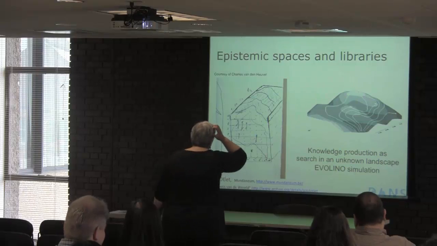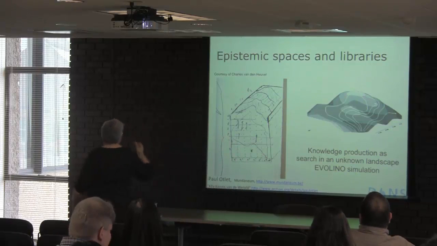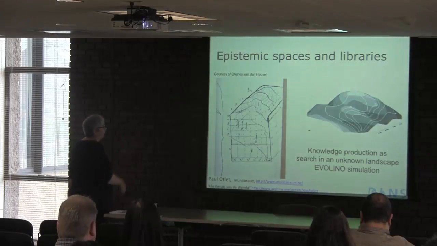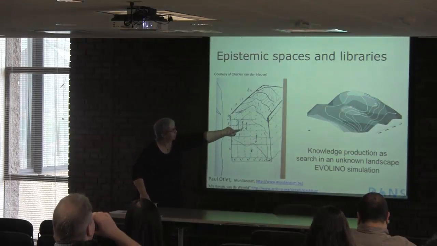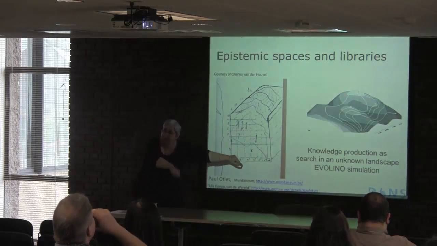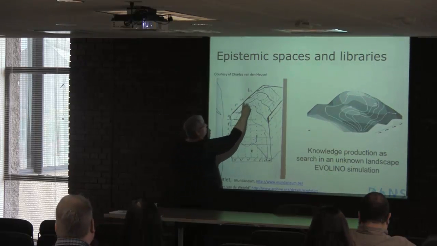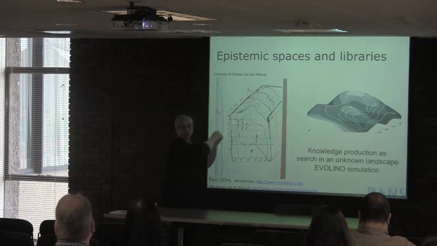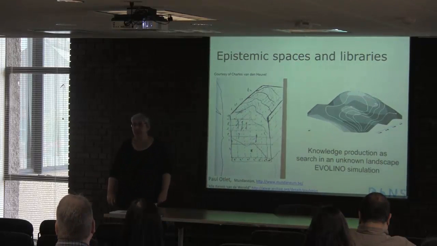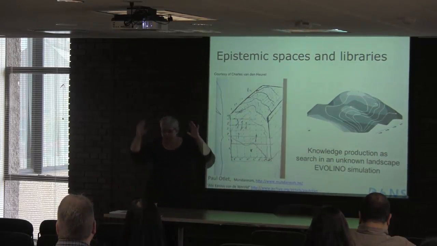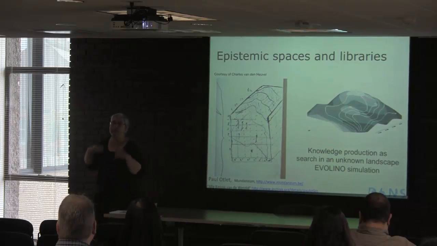So he depicted the knowledge landscape not as a landscape we walk in. He saw the people as mine workers digging into this knowledge mountain. But he had already depicted that this mountain is developing over time. So it's changing over time. And of course, it doesn't fall on us. We create it.